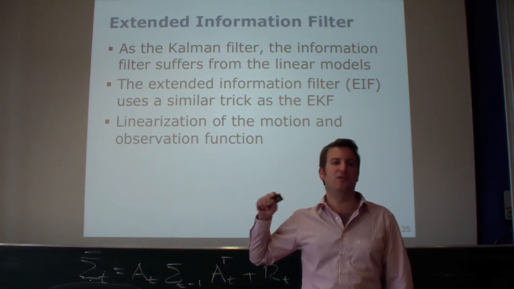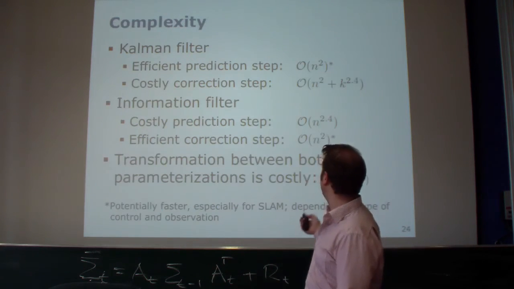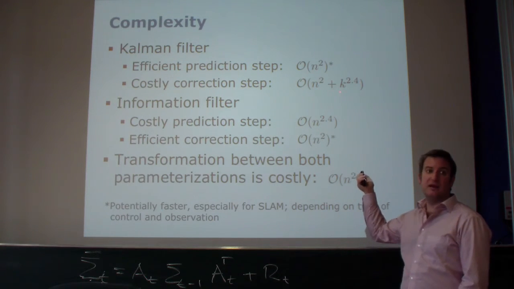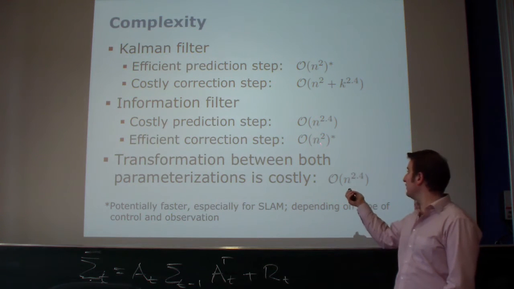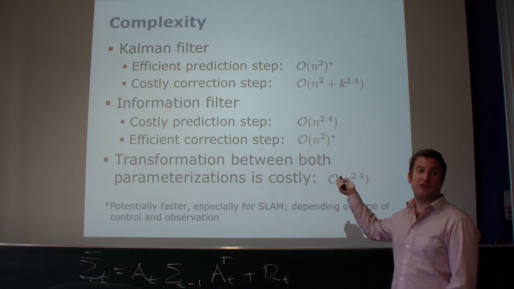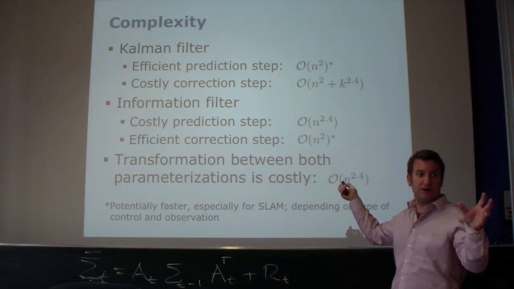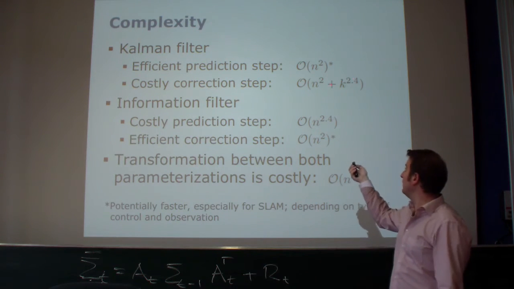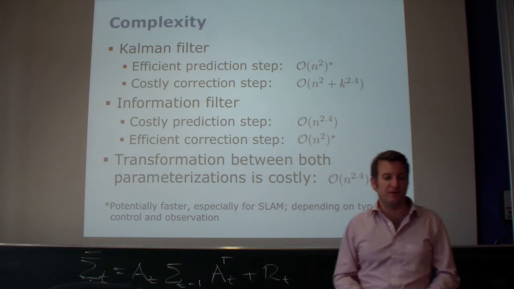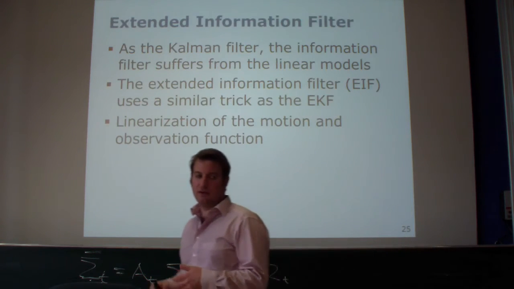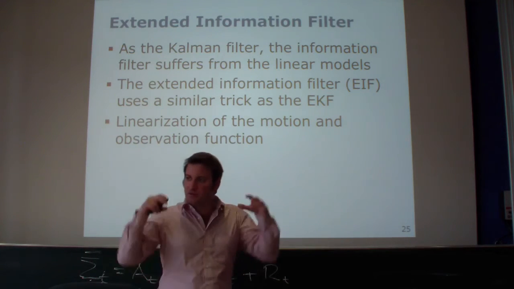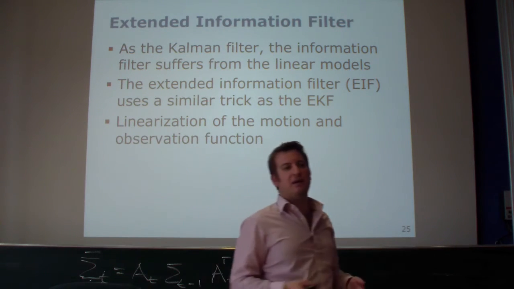I even typically make it worse because, if we go back, here the cubic complexity was mainly in the dimensionality of the measurement function, and here it's the dimensionality of the whole state space. So if I observe only a small part of the landmarks at the same time, the EKF is even more efficient. However, as we will show next week, there are opportunities for introducing some approximations and then making the process efficient.